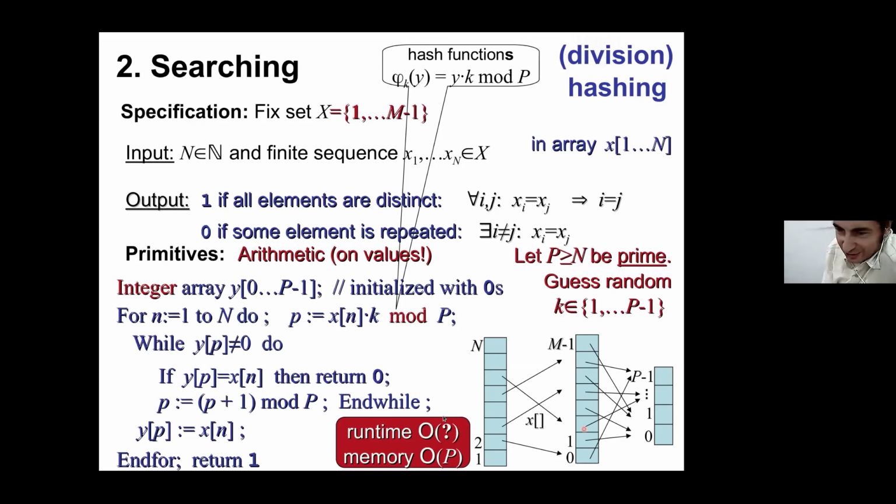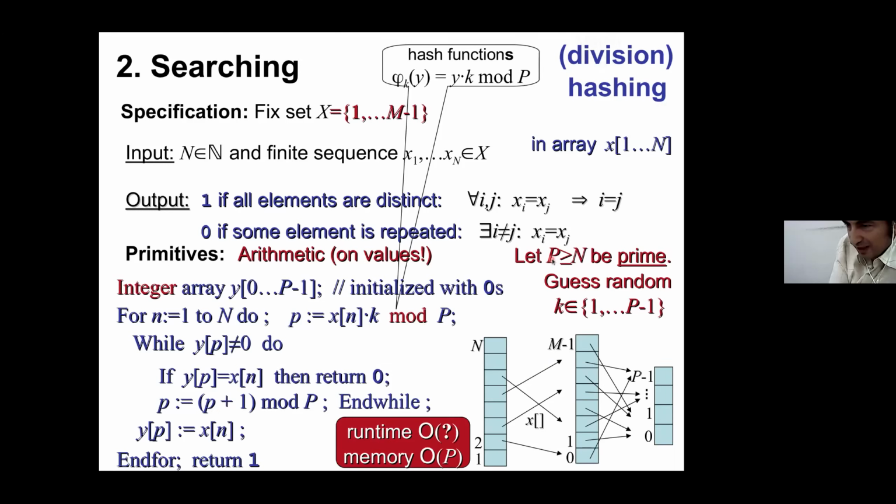Okay? So what was the runtime? It depends on this loop here, which goes over written entries. So it depends on the number of collisions, and this is why I said you should choose the hash function so that for many different xn you have as many different values of the hash function as possible. And this is why, for example, it is useful that p is prime.